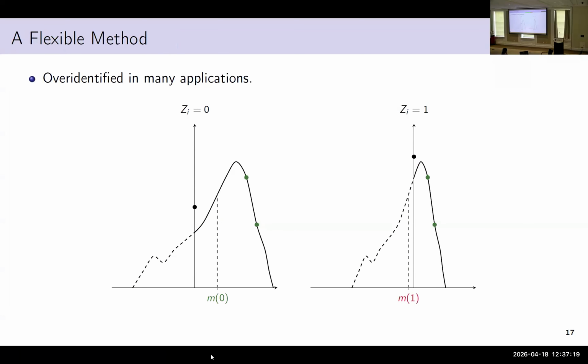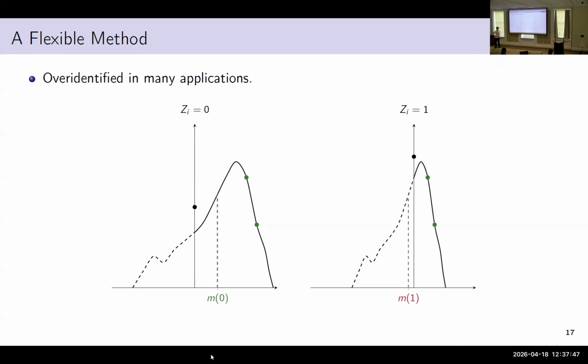But this is a flexible method in a number of ways. First, notice it's over-identified in many applications. Why? I used z equals 0 to find M0 in order to find M1. But suppose I also had z equals 2, where the median is also strictly positive. Then I could also use M2, the median I can identify, to recover M1 in a different way.